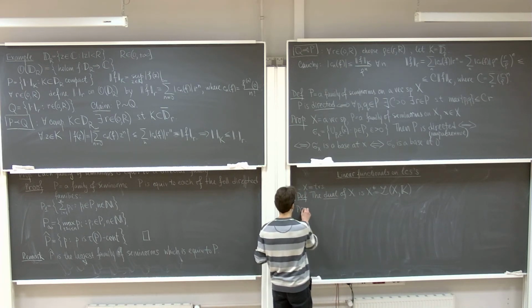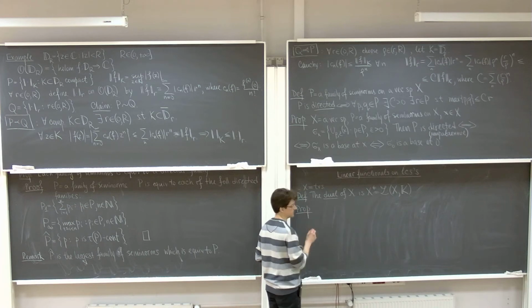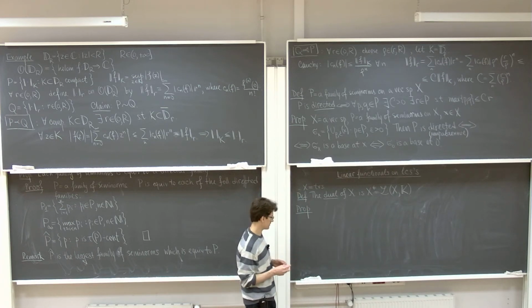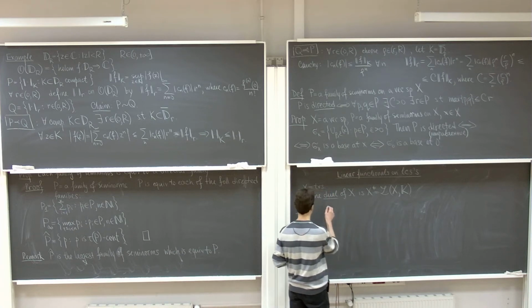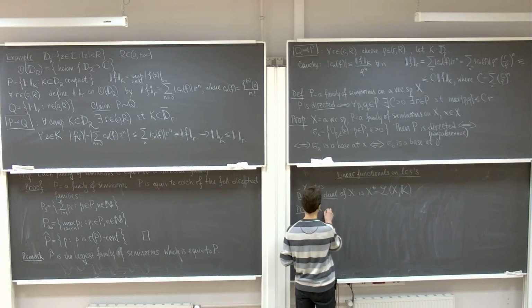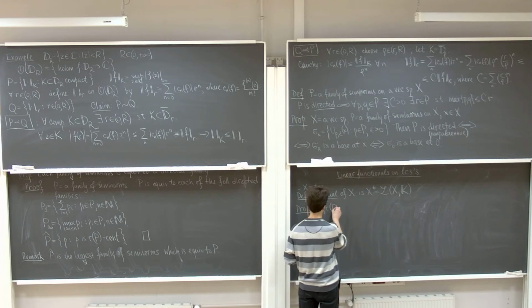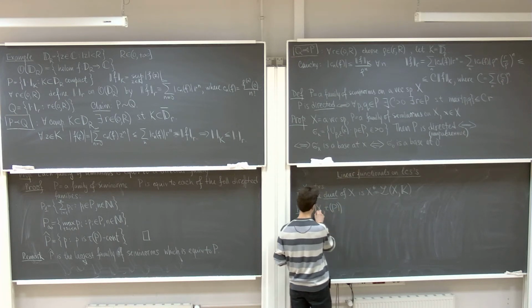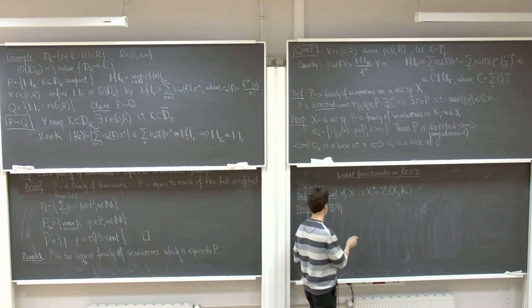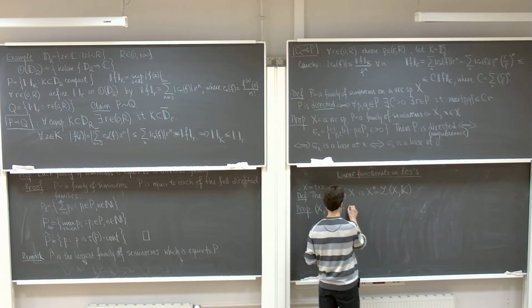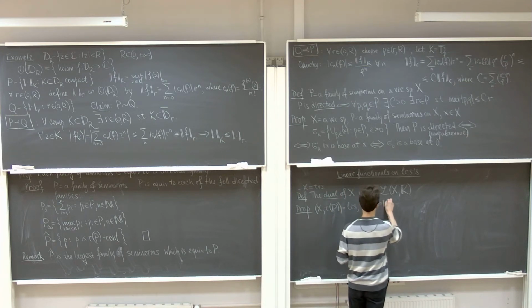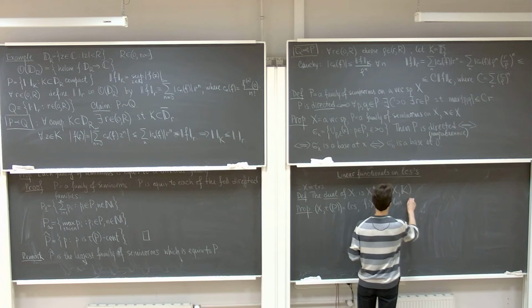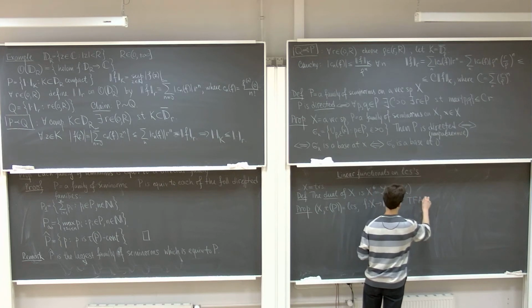The following result is just a special case of our continuity criterion for a linear operator. But for convenience, let's write it down. So suppose that X is a locally convex space, and P is a defining family of seminorms on X. And suppose that F is a linear functional on X. Then the following conditions are equivalent.